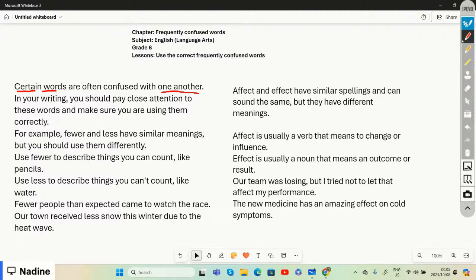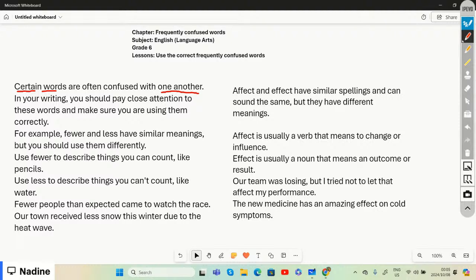So when you write, you need to pay close attention to these words and make sure that you're using them correctly. Because there can be words that you use in the wrong context, or you use the wrong word because the spelling is different, instead of the other word that means what it should mean within that context.